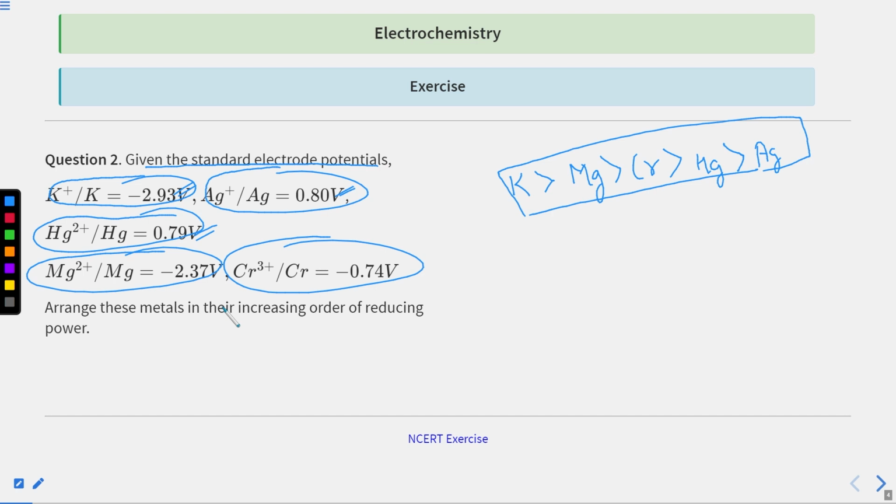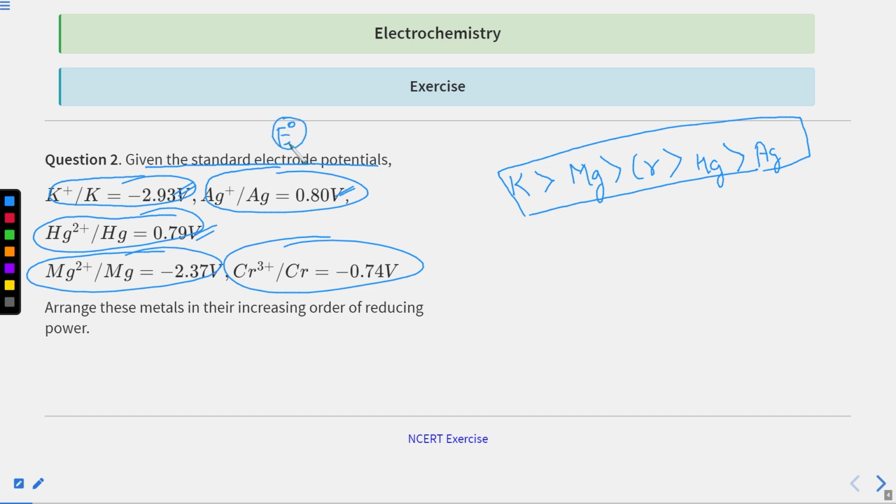Okay. Now, if I ask you E naught, so what is this? Suppose what value is given? You must be repeatedly going through this, that it is the E naught value.